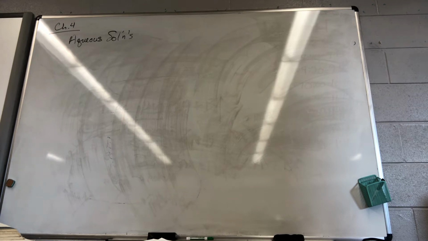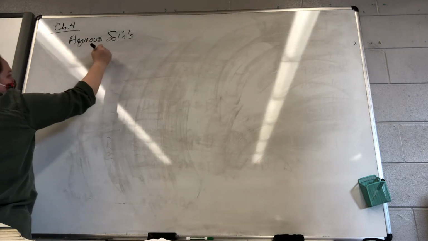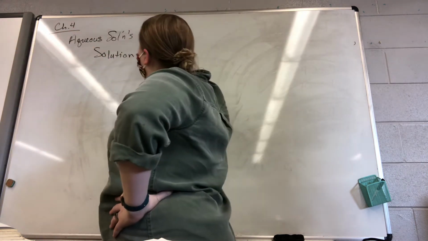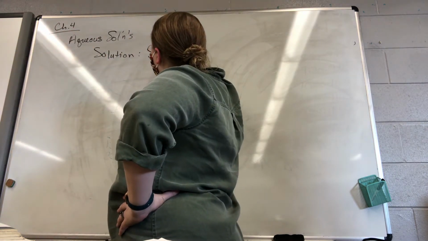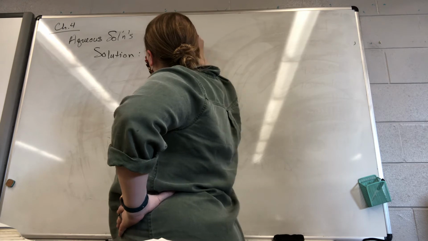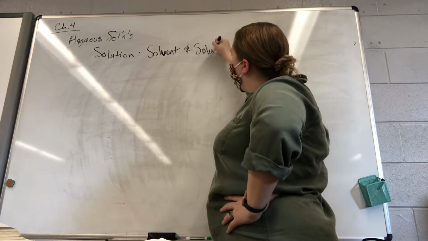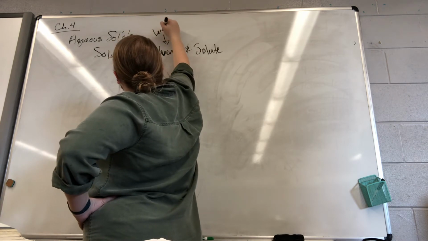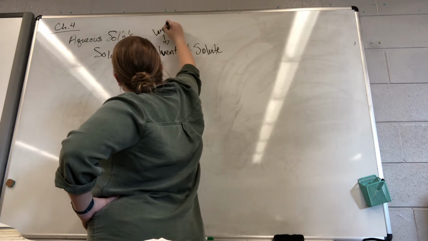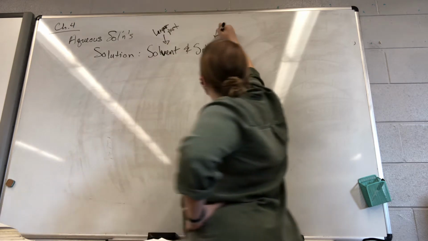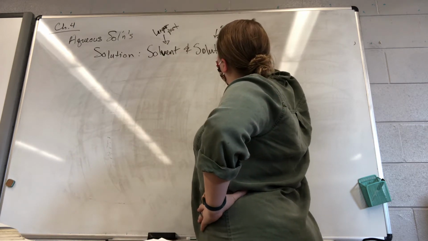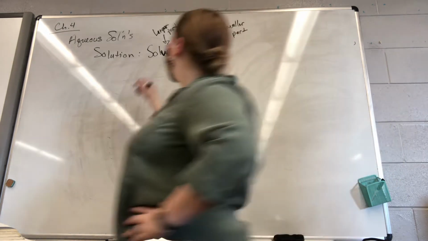All right, aqueous solutions. A solution has two parts. The solvent and the solute. The solvent is the larger part. The solute is the smaller part. Water is the most common solvent.